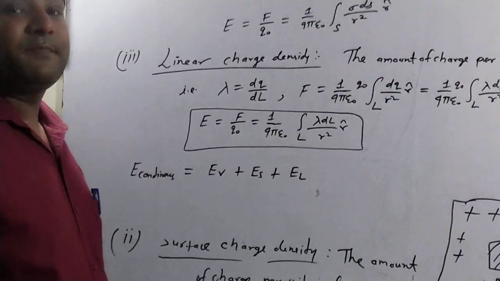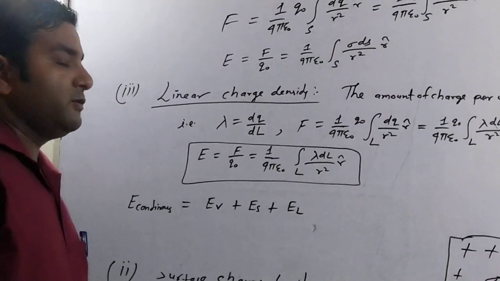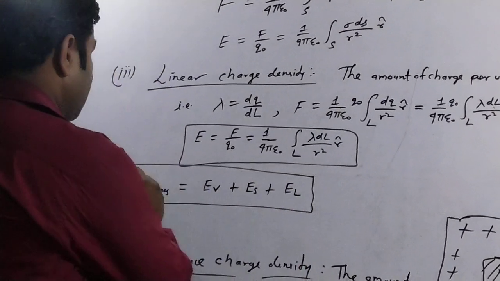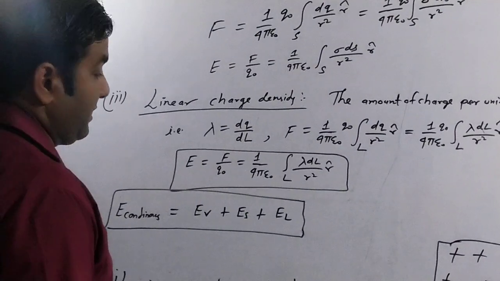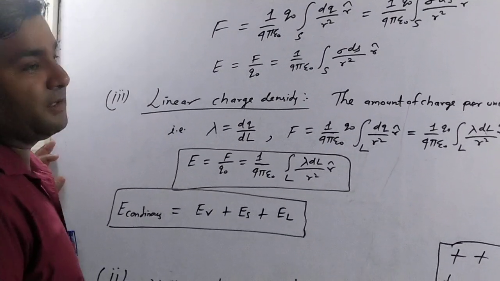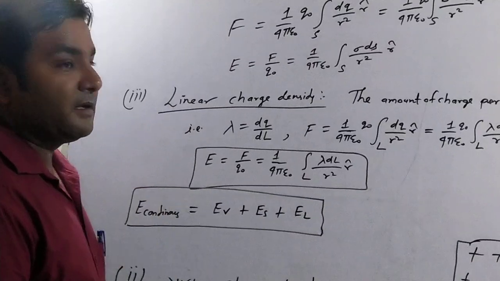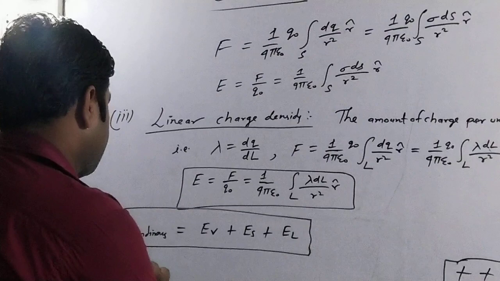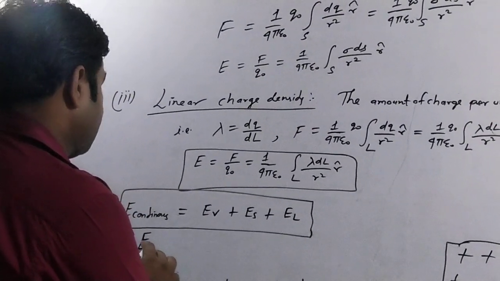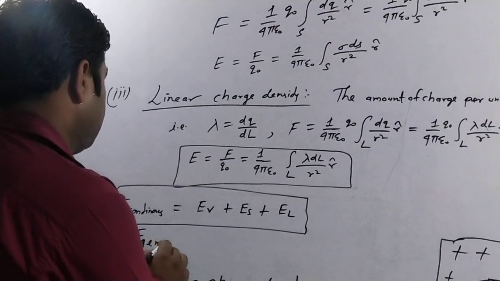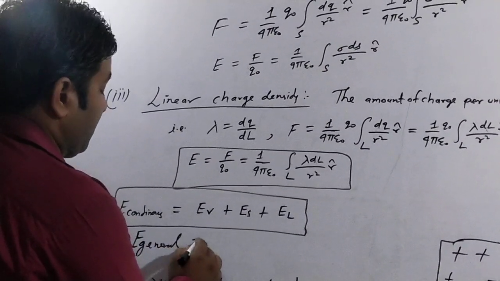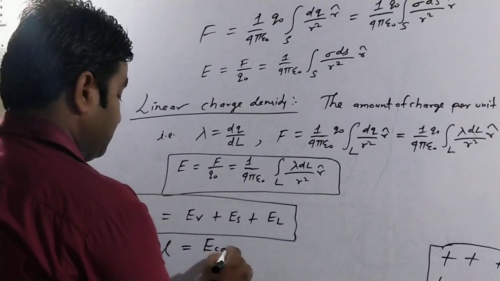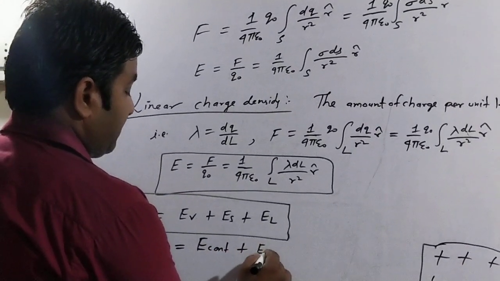And just previously we calculated what? Volume charge density, that is rho. This is the continuous evaluation of intensity due to charge distribution, whether discrete or continuous. In general, we calculate intensity in two ways, E continuous and E discrete.